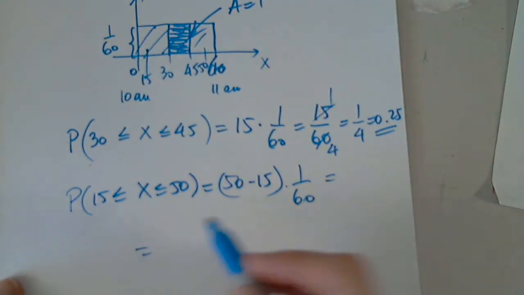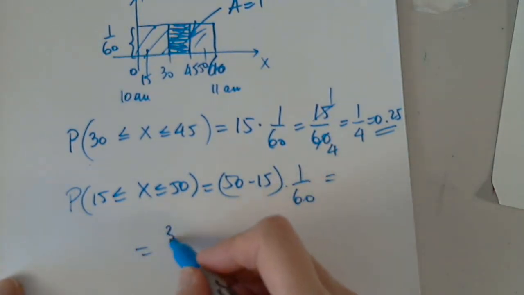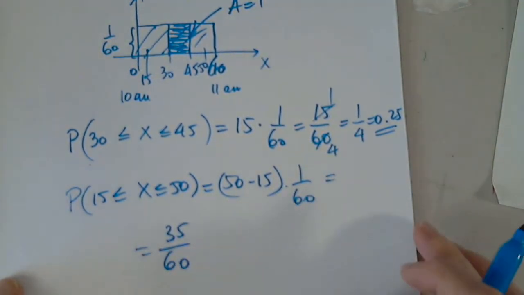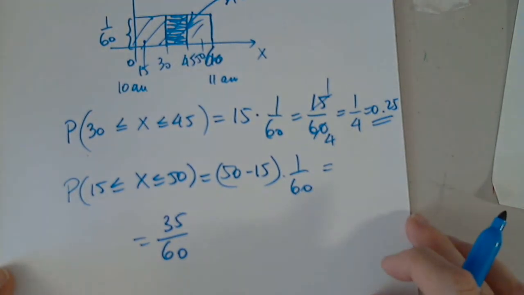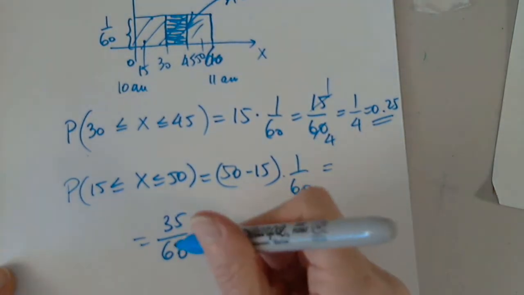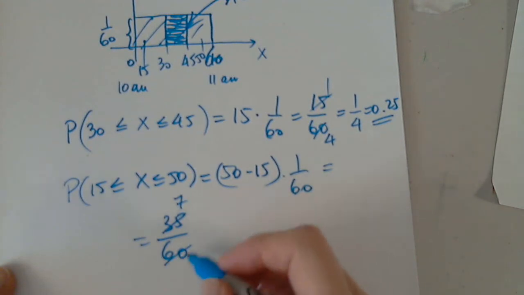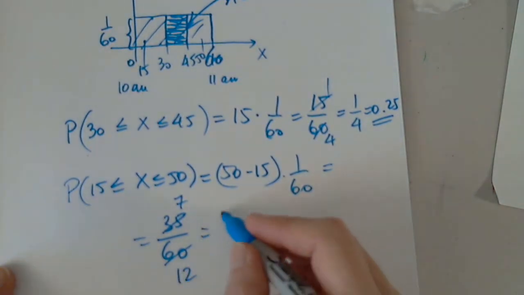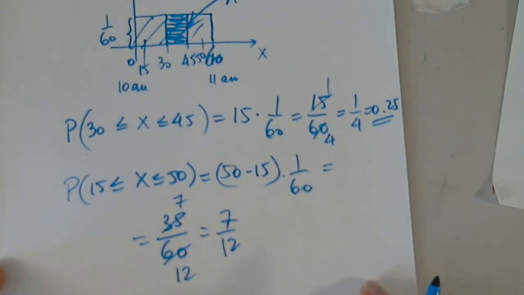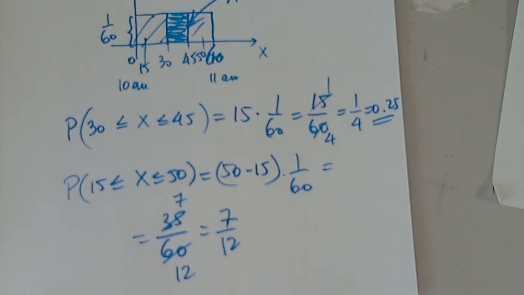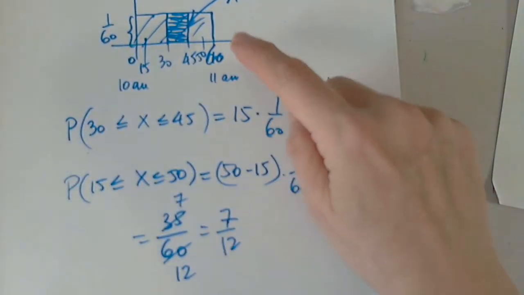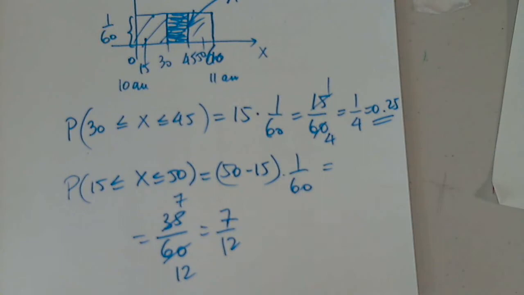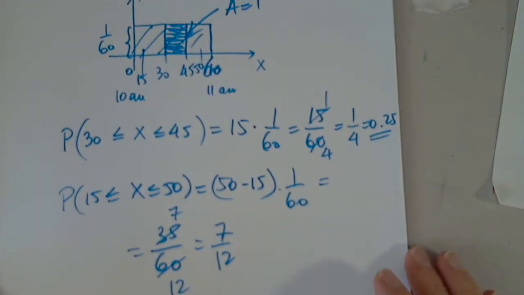So 50 minus 15 is 35 divided by 60, and I have to simplify it. I'll simplify by 5 and I get 7 over 12. So 7 divided by 12 is the probability that we get the package between 10:15 and 10:50, because every moment has the same possible probability.